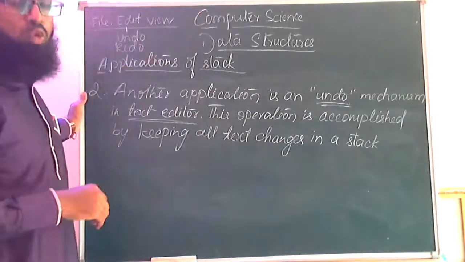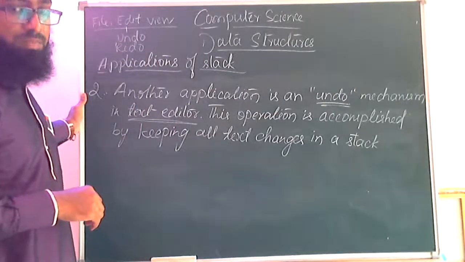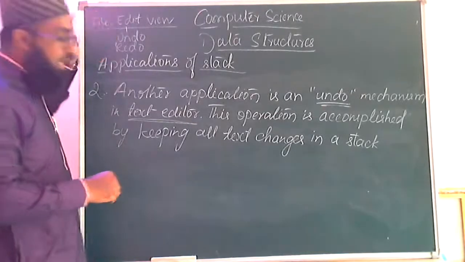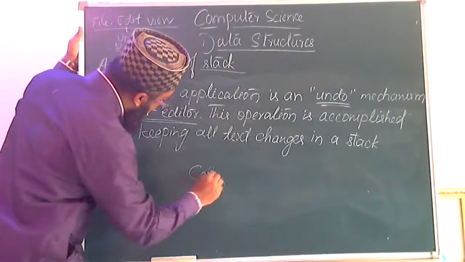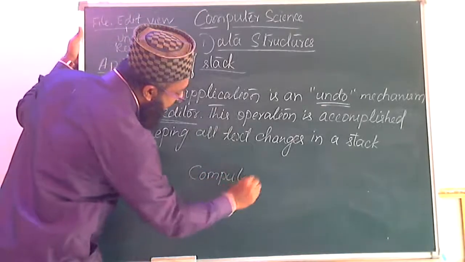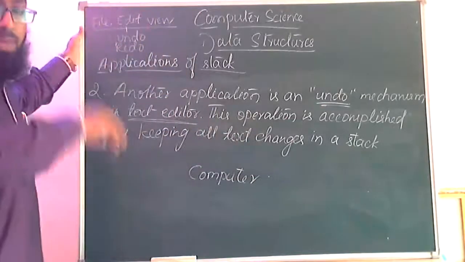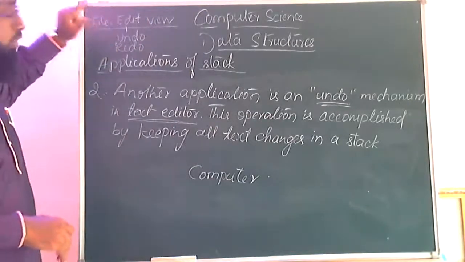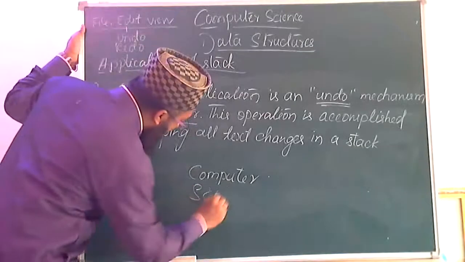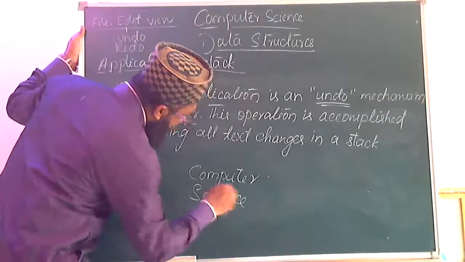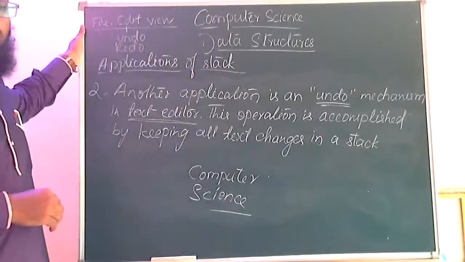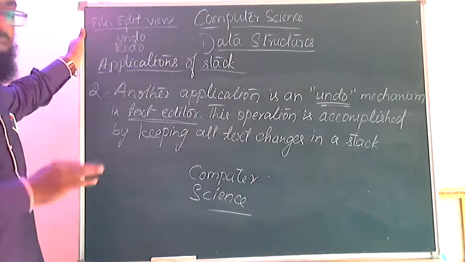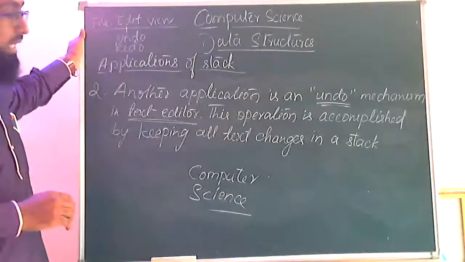If you click on undo, then you will get the complete word computer at a time in Notepad. No need to type again and again. Then again, if you click on undo, then science will be printed in your Notepad. Within no time, the complete word will be printed.